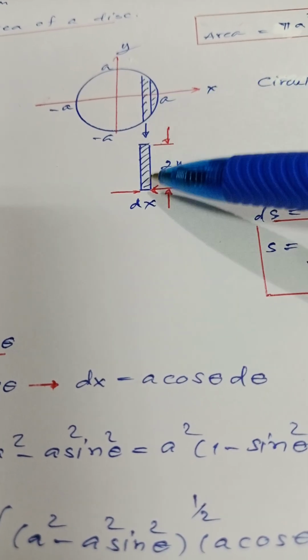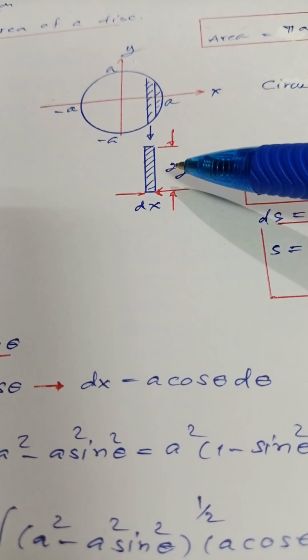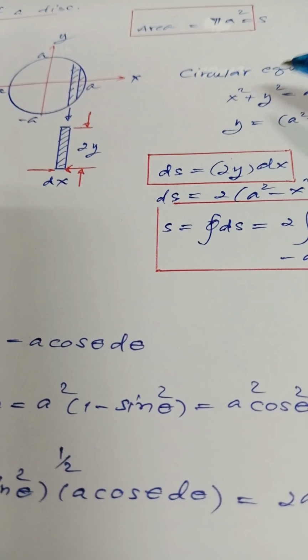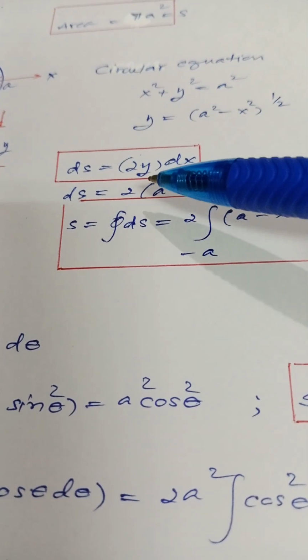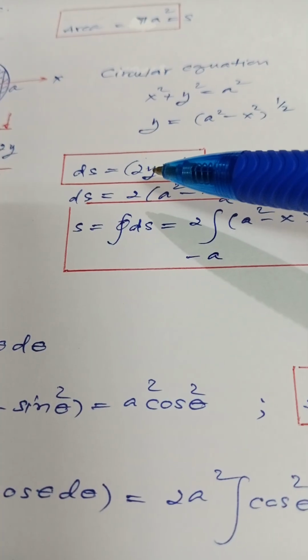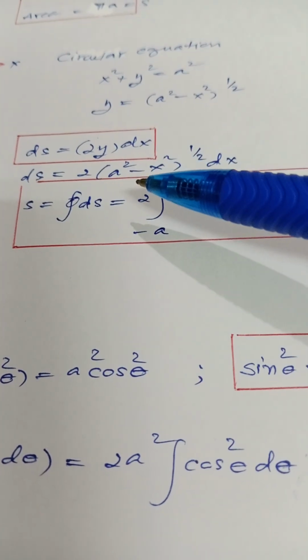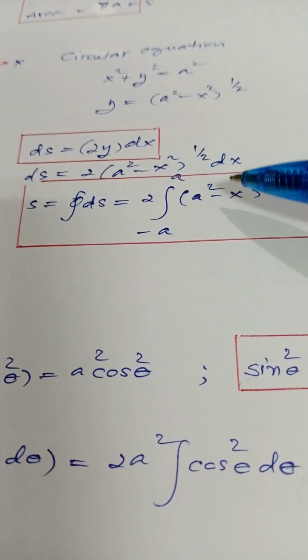So I multiply y by 2, so you will have the total area of the disk, the whole disk. So dS equal to the width, that's dx, multiplied by the height, that's 2y. And you have y equal to the square root of a squared minus x squared, multiplied by the width.